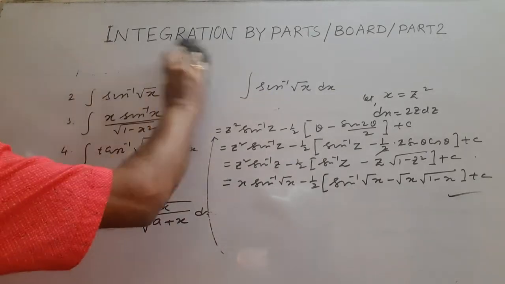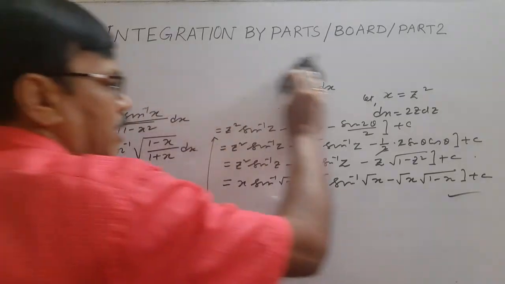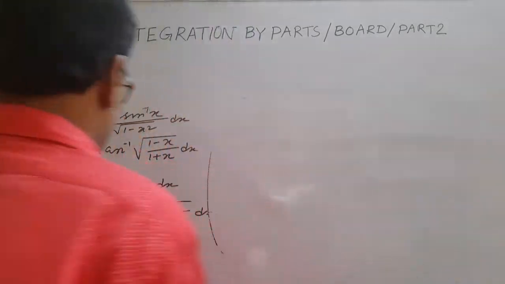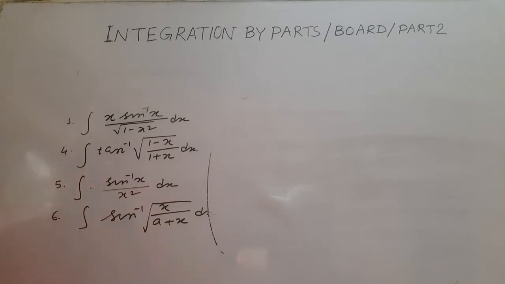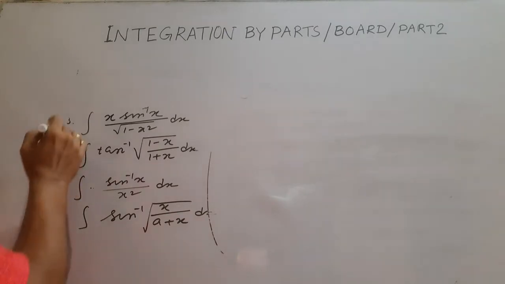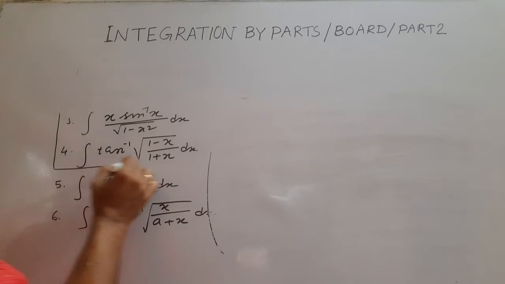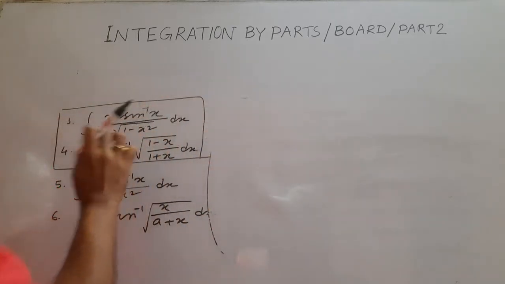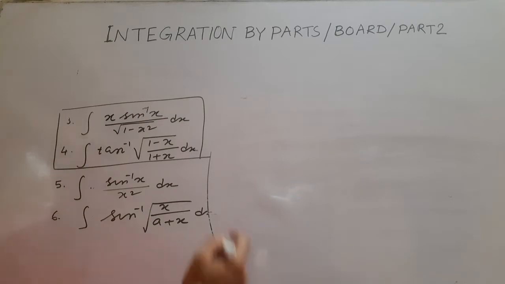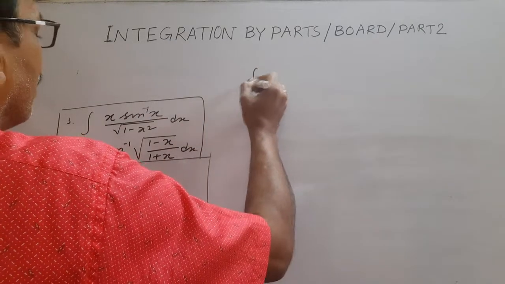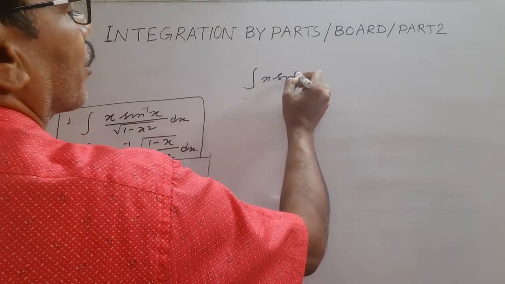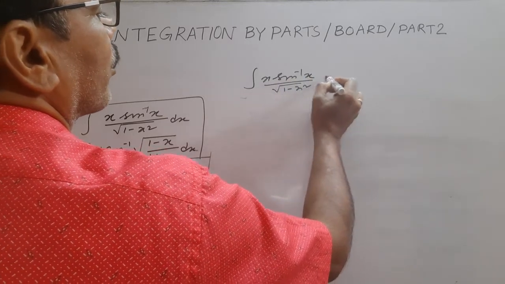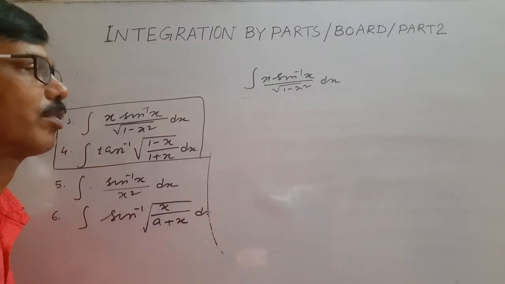So 1 and 2 are exactly the same. Next, 3 and 4. So sin inverse x by root over 1 minus x square, that is, integral of x sin inverse x by root under 1 minus x square dx.